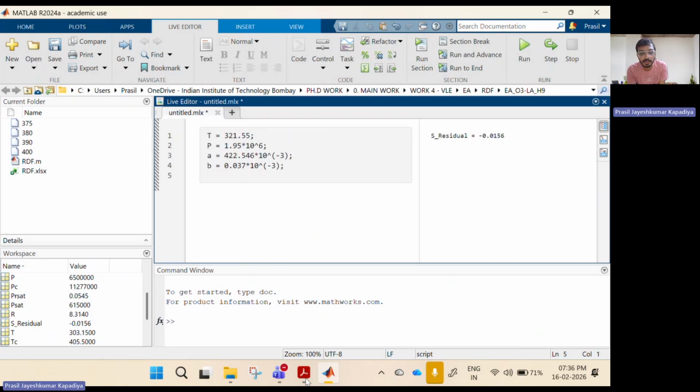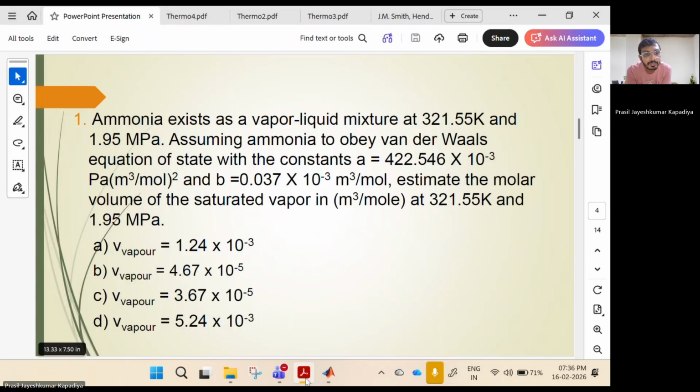Okay, these are my A and B values. The gas follows the Van der Waals equation of state. Estimate the molar volume of saturated vapor.